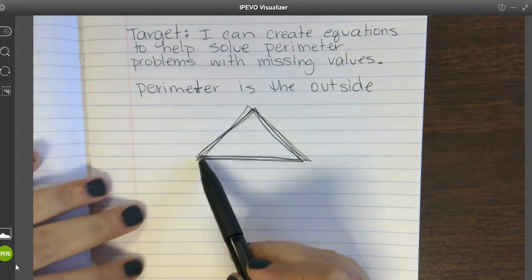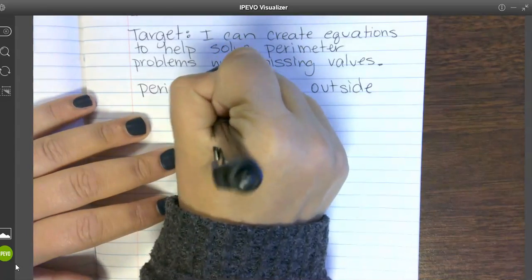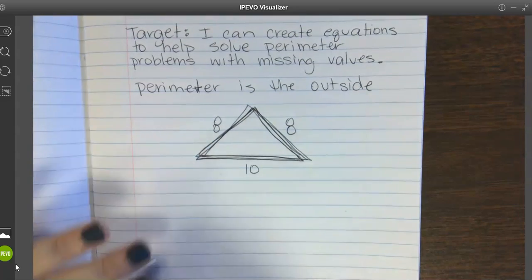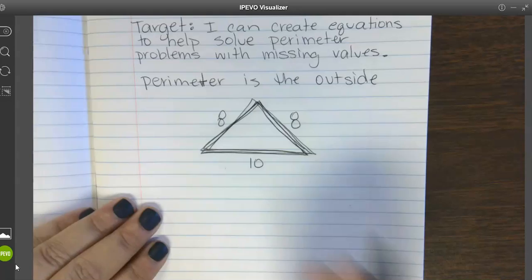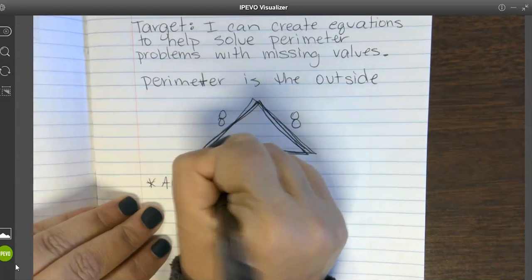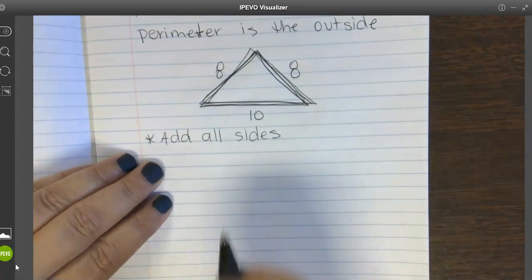So the outside of this figure, they might give you, for example, 8 and 10 here, okay? And you know to find the perimeter of this shape, you are going to add all sides, okay? You're going to add all of those sides.